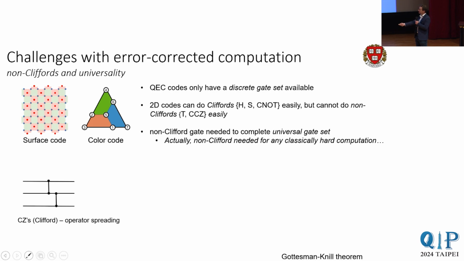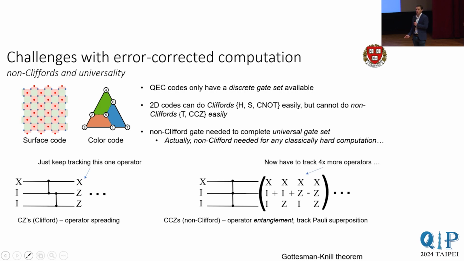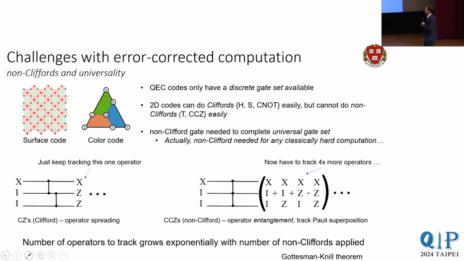And you can understand this just by the Gottesman-Knill theorem, where, for example, if I have a logical stabilizer of my state, and it passes through 2 CZs, I can just track how this operator spreads through this Clifford circuit. If there's a CCZ gate, however, and now I feed in this operator like XII, and it hits the CCZ, it goes into a superposition of different operators, and I have 4 times more operators to track, and I'm going to exponentially increase the number of operators I need to track as I do more and more non-Clifford gates.